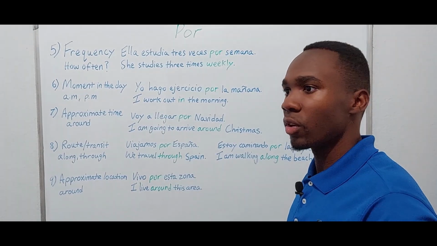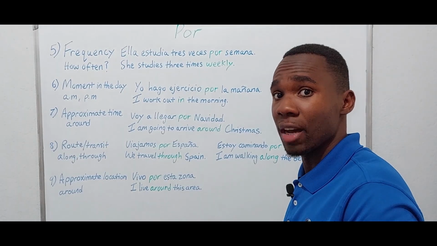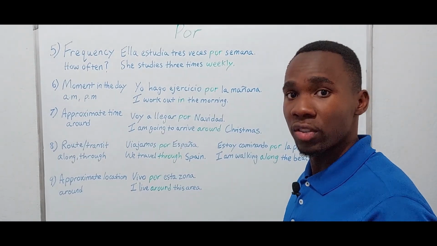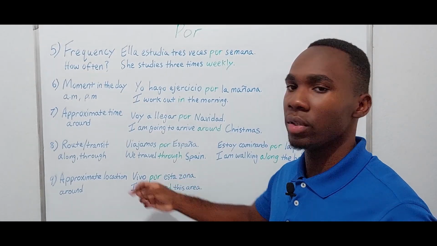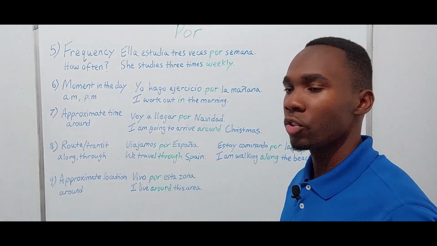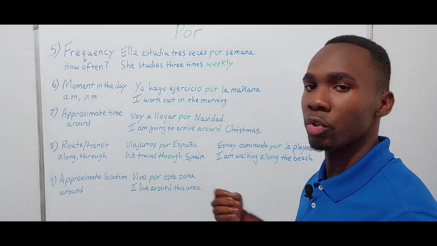Could be 2 days before, a day after, 2 days after, but it's going to be close to that time. That's why it's called approximate. And in this case, por would mean around, right? So anytime we want to mention an approximate time, we would use por.